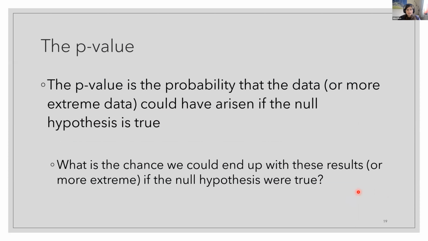So it's a probability. It can theoretically take a value from 0 to 1. And it's the probability that you've seen the data you've seen, or the difference that you've seen, or a more extreme difference, if the null hypothesis is true. So what is the chance that we could have seen the difference we've seen, or even a bigger difference, if in fact there really is no difference, the null hypothesis is true?